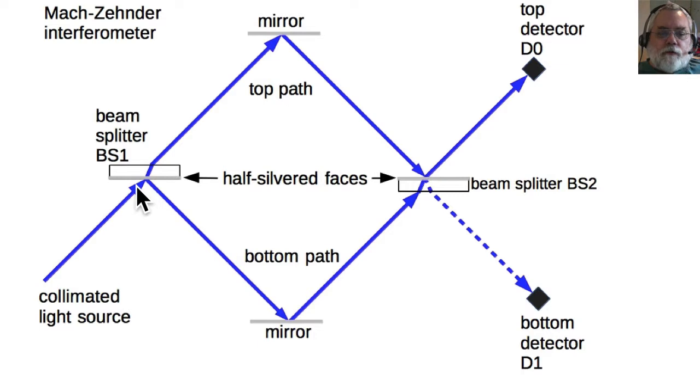Half the light goes through and half gets reflected. For this setup, it's important that the half silvered face be on the bottom on beam splitter 1 and on the top on beam splitter 2. We'll see that as we go further in the lecture.